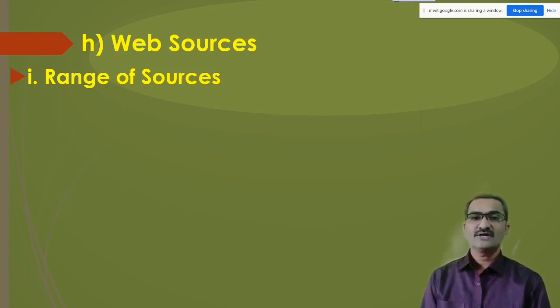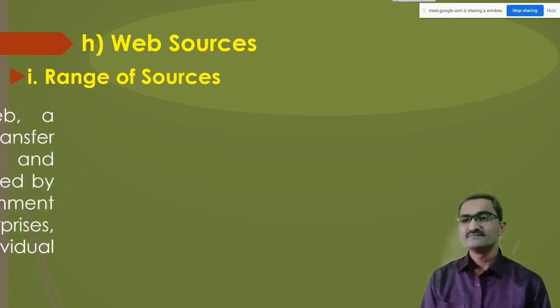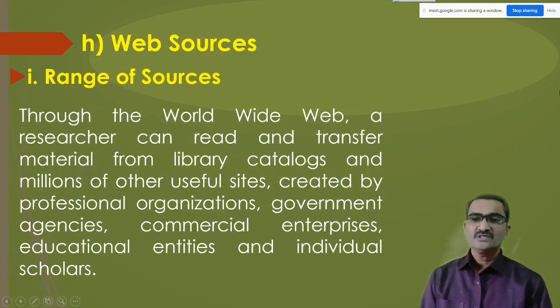There is a great range of sources available on the web. Through the World Wide Web, that is WWW, a researcher can read and transfer material from library catalogs and millions of other useful sites created by professional organizations, government agencies, commercial enterprises, educational entities, and individual scholars.